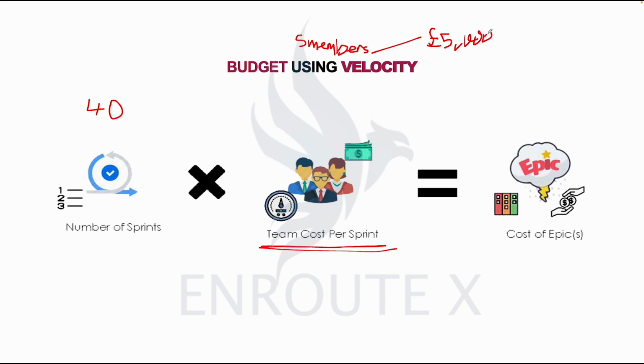So how much would then be the total amount for us to finish that particular chunk of work? £5,000 times 40 sprints, and that will give us 200,000, right? But of course we can do the maths also ourselves. Yeah, 200,000 pounds to finish the entire product.